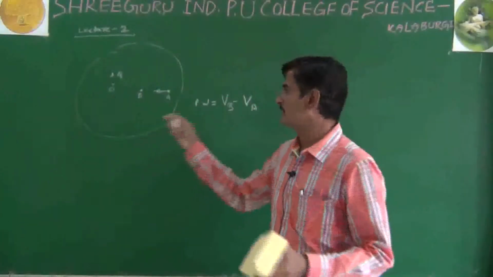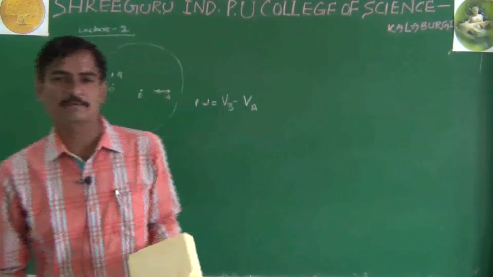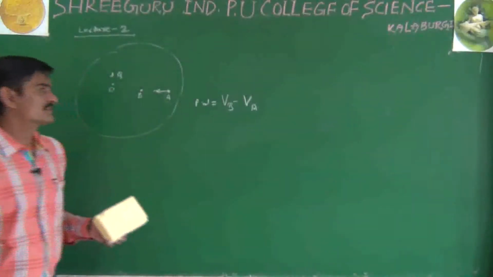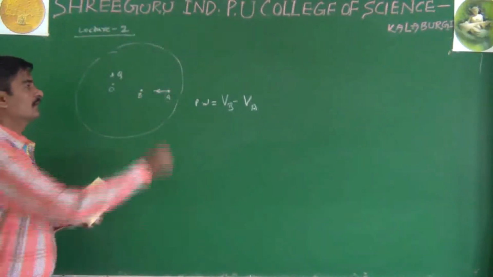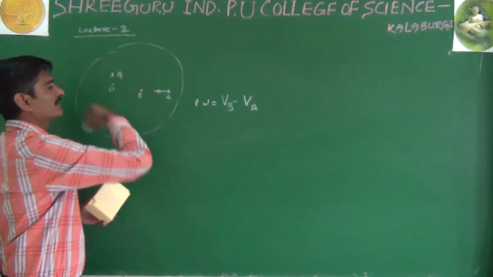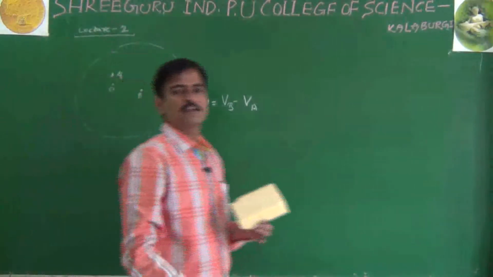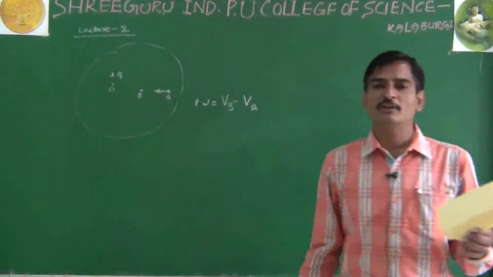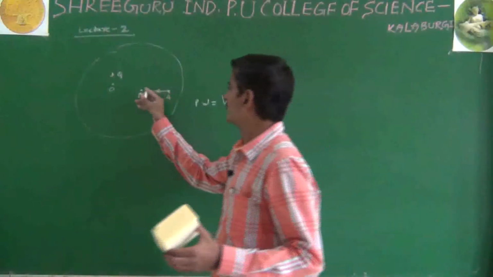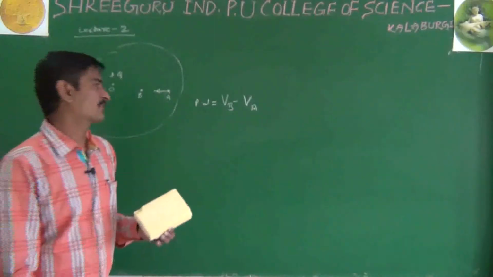I will tell the definition once again. The potential difference between two points in an electric field is defined as the work done in moving a unit positive charge from one point to another point against the electric field.